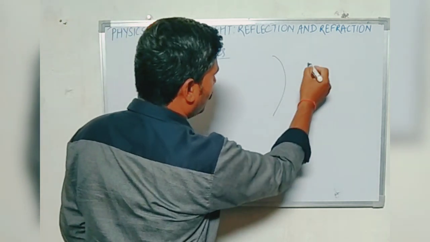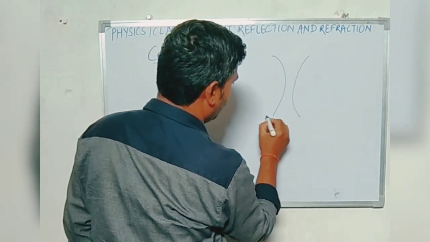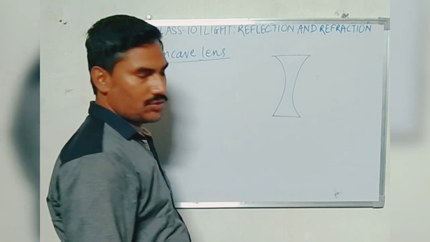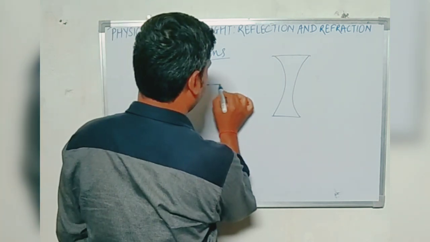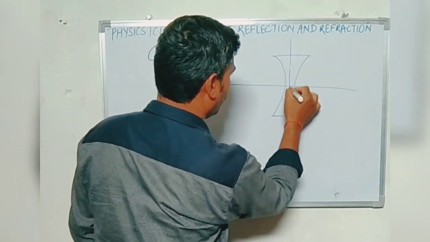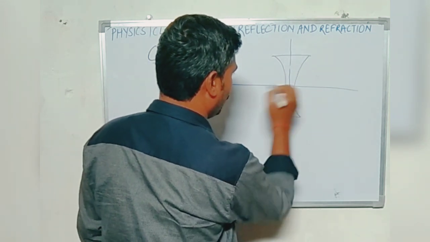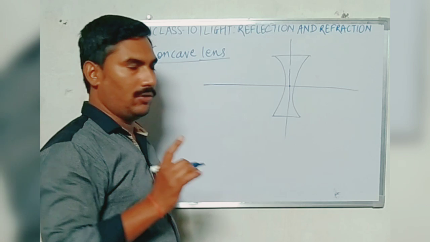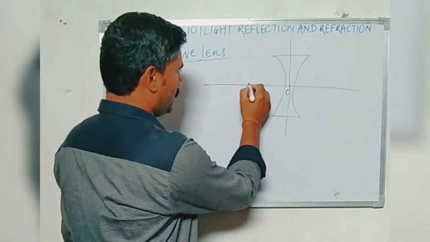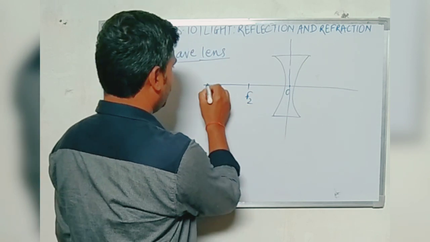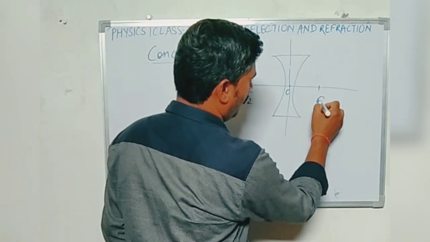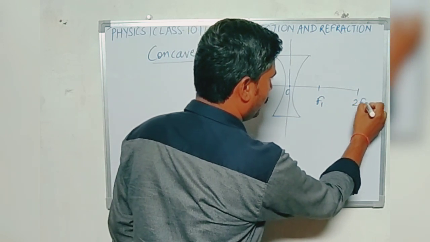Concave lens, as we have discussed earlier also, is of this kind of shape where principal axis and this normal intersect at a point called optical center. This is principal focus, F1, and twice of F1.